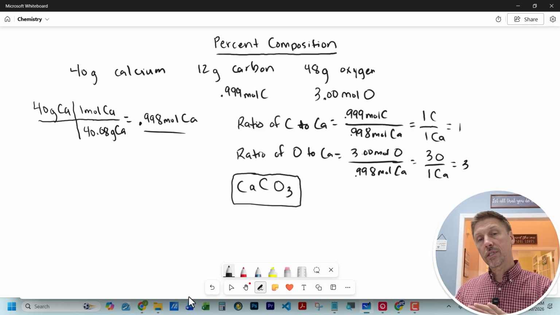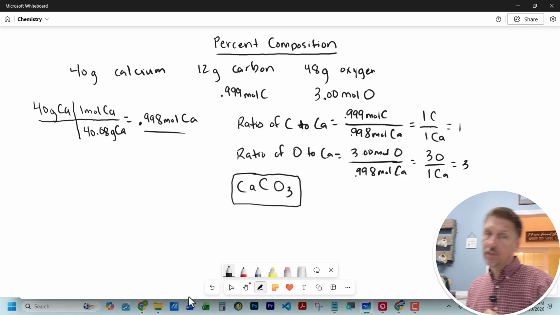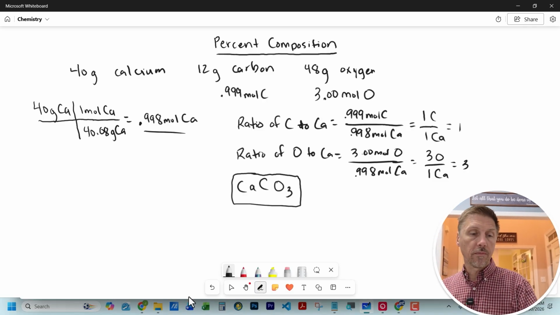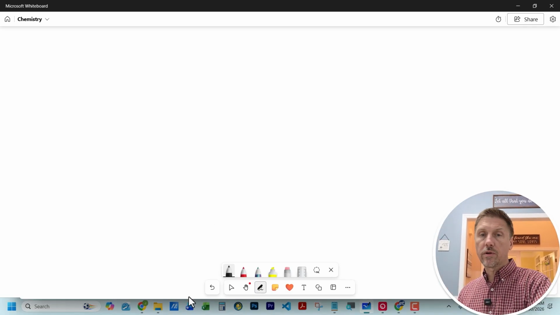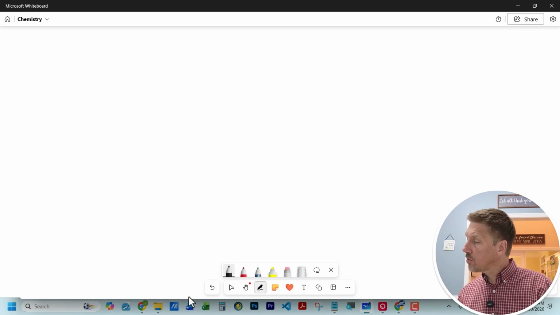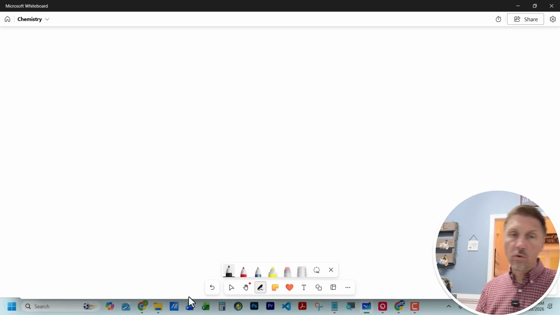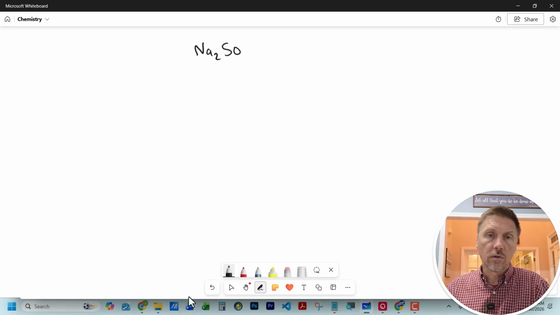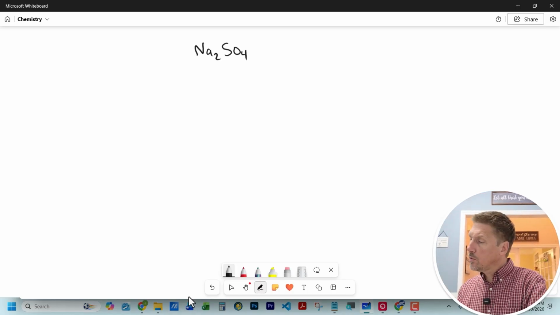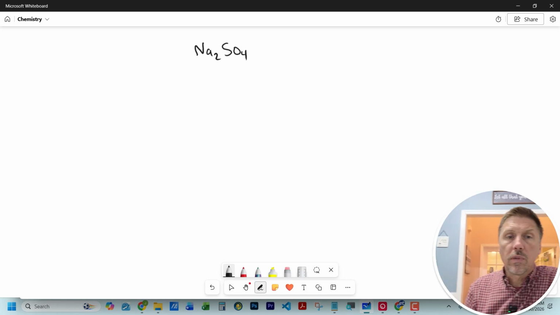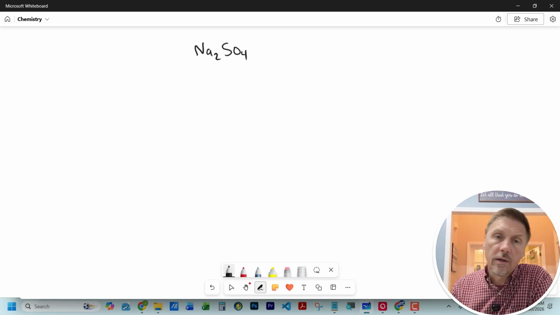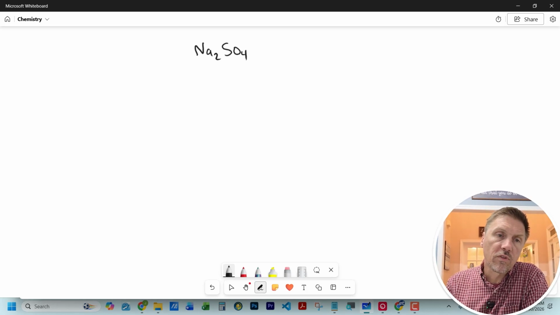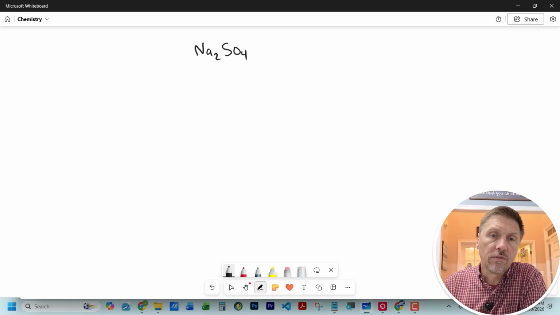Now let's do the same exact problem, which is what 8.7 does, but in reverse, okay? So for this one, we are given the empirical formula, Na2SO4. And so we're going to just work in reverse by saying that we're first going to look at the molar mass of this substance here.